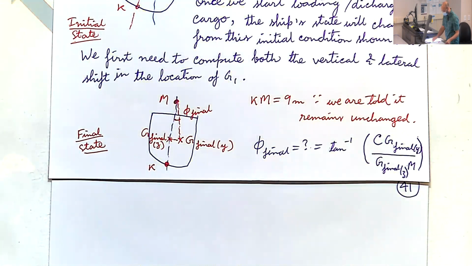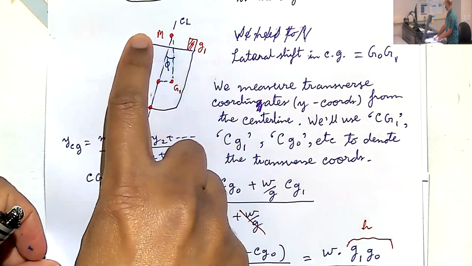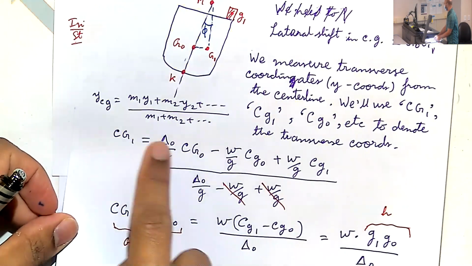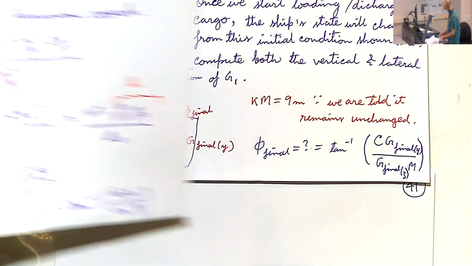How did you compute change in shift here when you moved one container from left to right? You use this. We'll use the same thing over and over, okay?